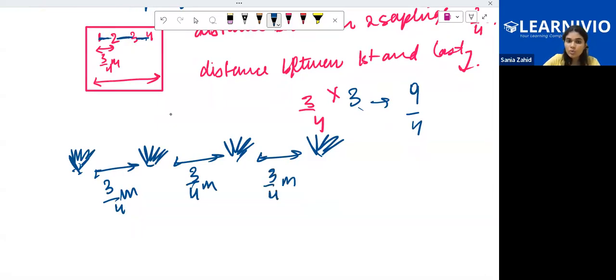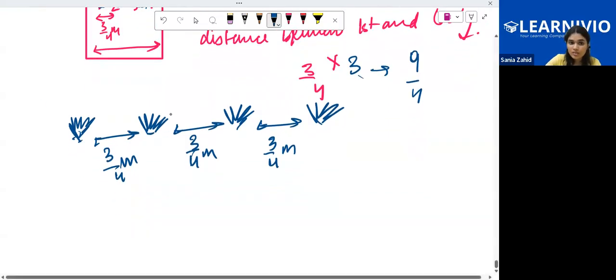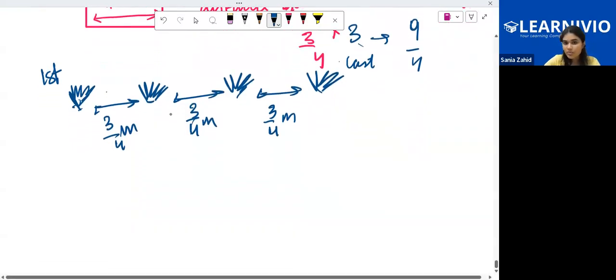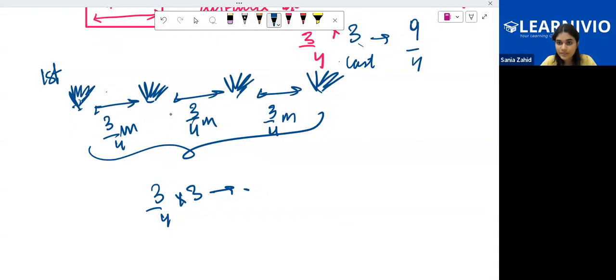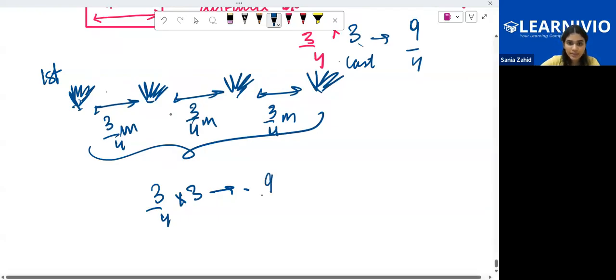So the distance between two plants is 3 by 4 meter, then again 3 by 4 meter, then again 3 by 4 meter. You have to tell the distance between the first and the last. So what will be the distance between first and last? See, how many times is 3 by 4 written? 3 times. So you will just multiply 3 by 4 with 3. You will get the total distance. Right? So you get 9 by 4.